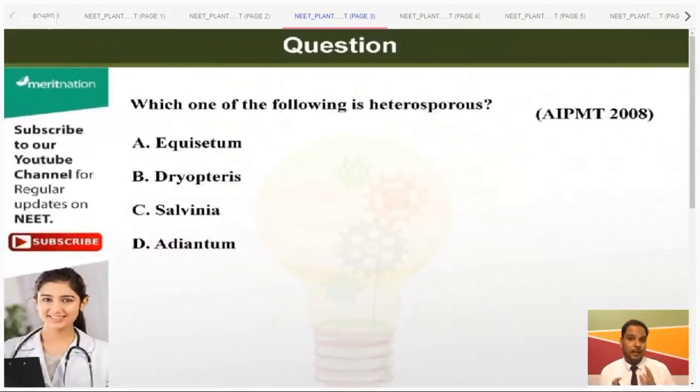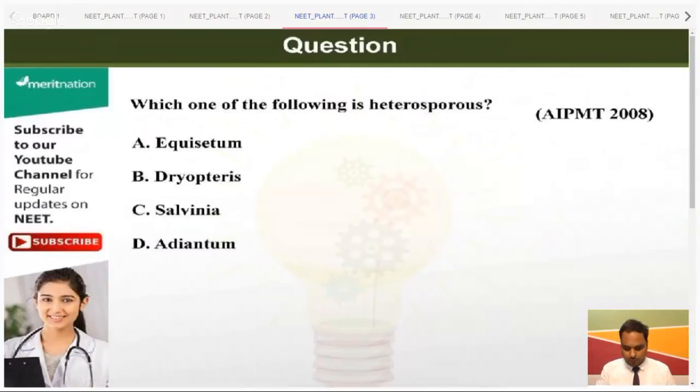This is a really interesting and very important concept of pteridophytes, all of you. From that, the question is: which one of the following is heterosporous? A. Equisetum, B. Dryopteris, C. Salvinia, and D. Adiantum.